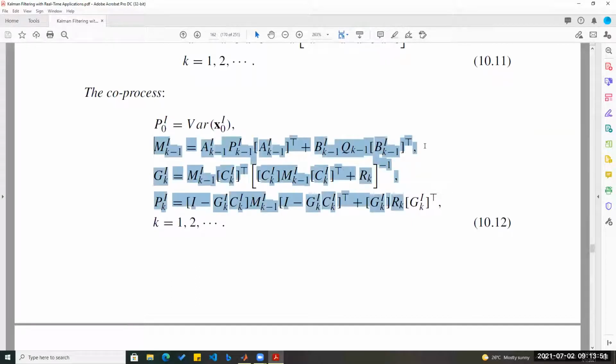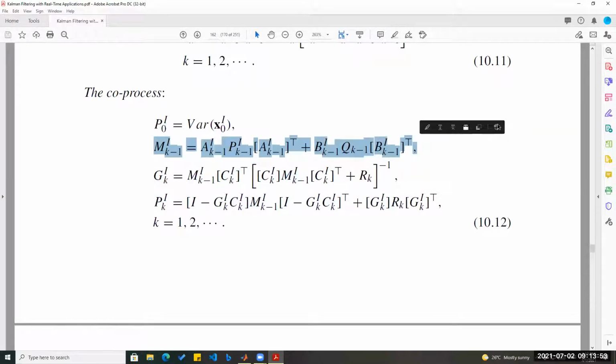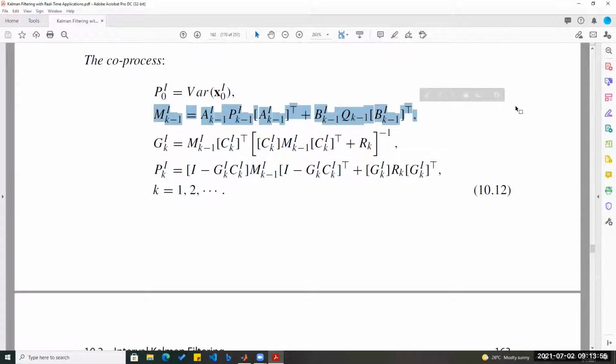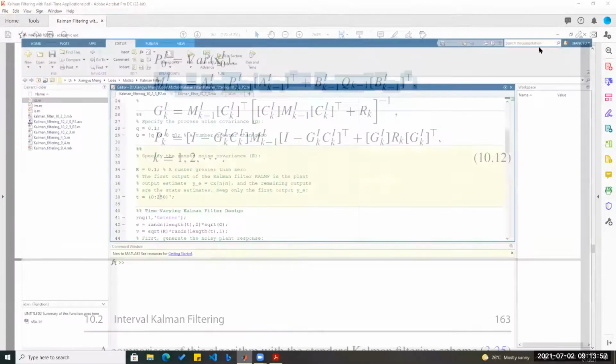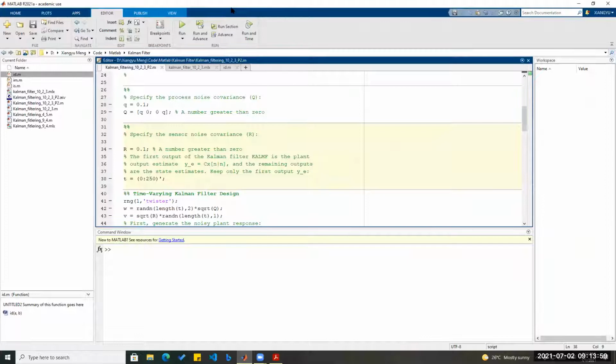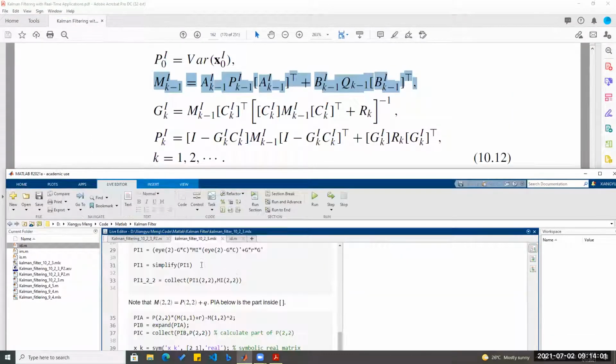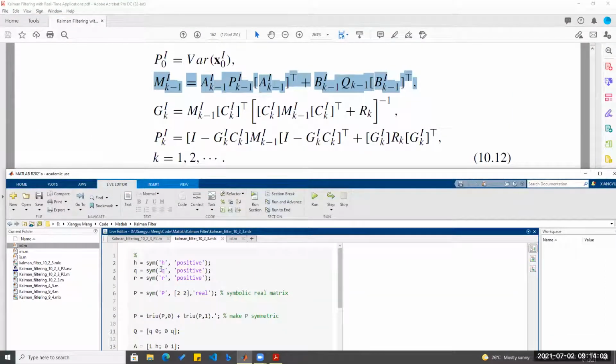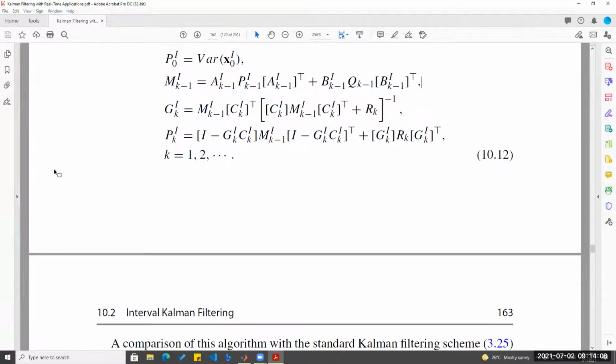Then I will use MATLAB's symbolic toolbox to show you how to do the calculation. This is the MATLAB symbolic toolbox. Let's go from here.